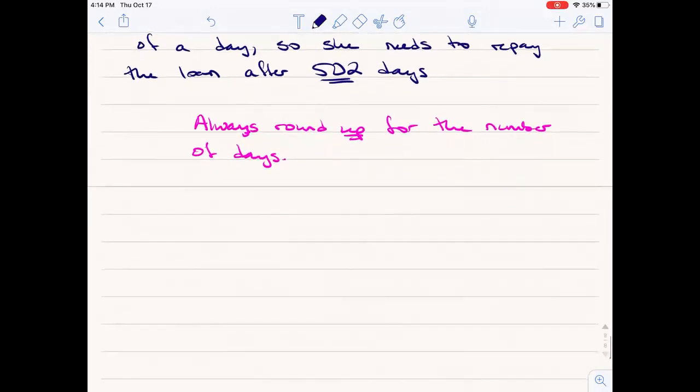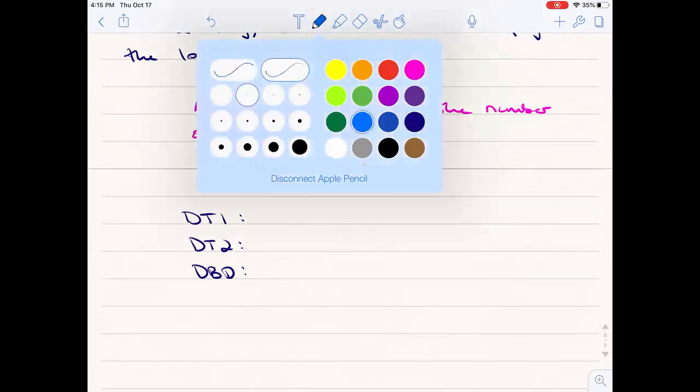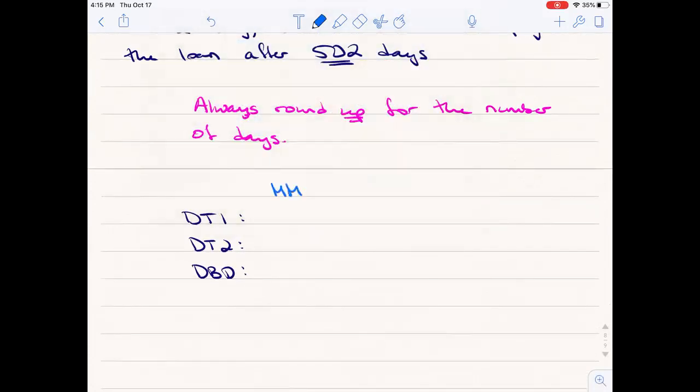So what we've got is we know date 1, or I'll bump it down a little bit to make room. The function takes date 1, date 2, and the days between dates. I'll put a little reminder that it needs the format month, month, day, day, year, year, or month, month, dot, day, day, year, year.